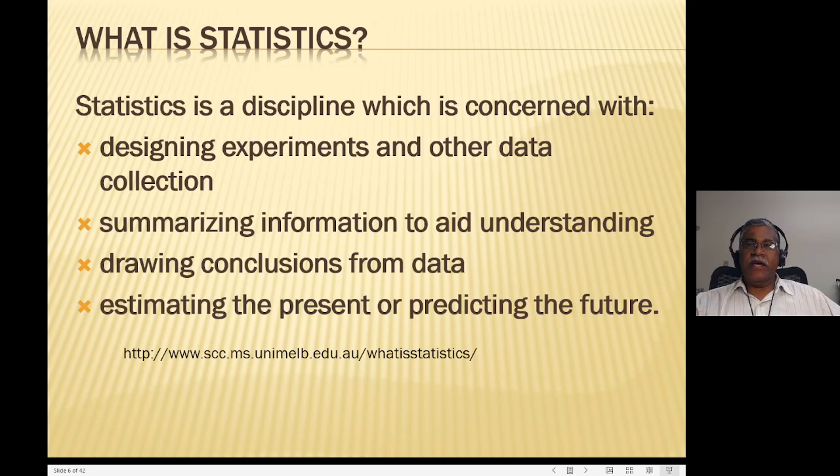Okay, so now let's go back into the definition of statistics. So statistics is the discipline concerned with designing experiments and data collection, summarizing information to aid understanding, drawing conclusions, and then taking the information that you have and estimating or predicting the future. Okay, so statistics are really important because you often hear of this thing, the trend lines, right?